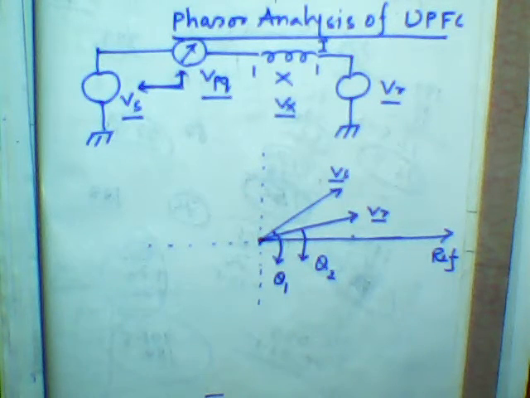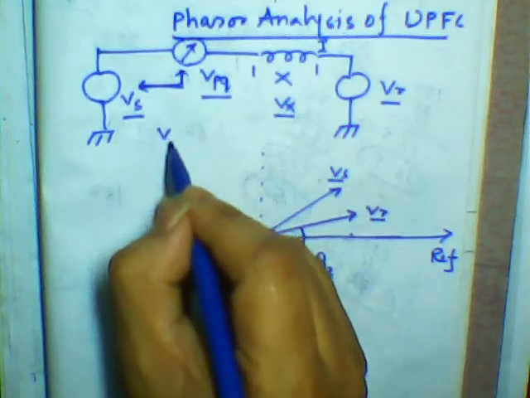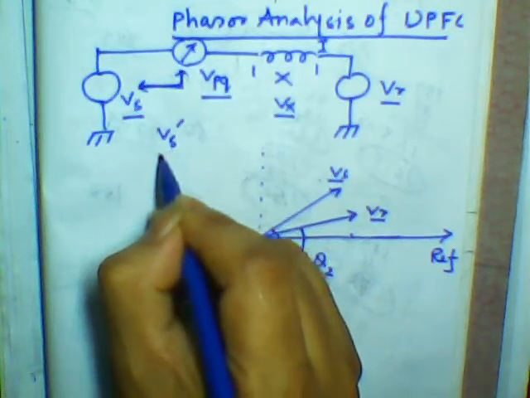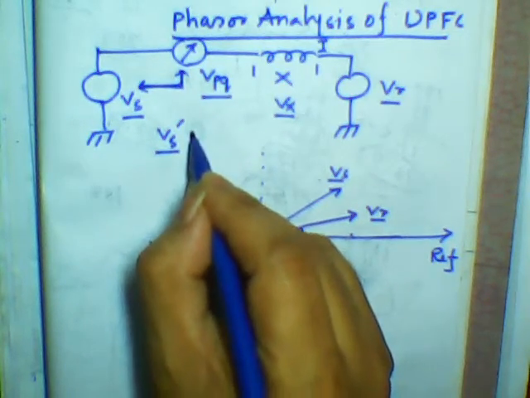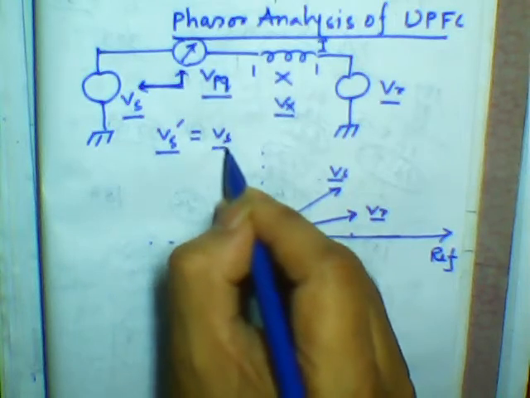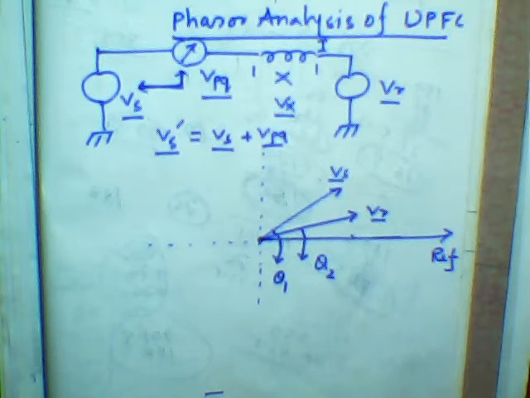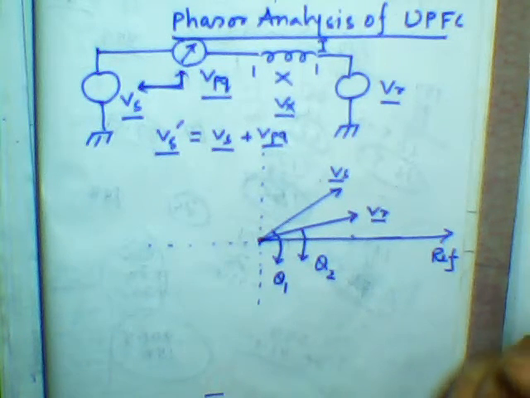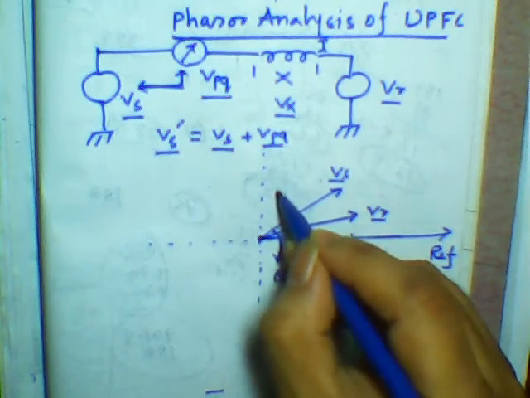So let us assume the new generation voltage due to the addition of that VPQ is Vs dot, which is nothing but Vs vector plus VPQ vector. Let us consider this VPQ vector.